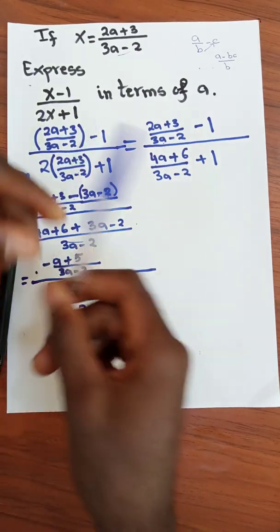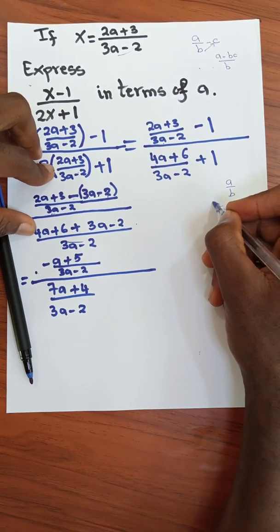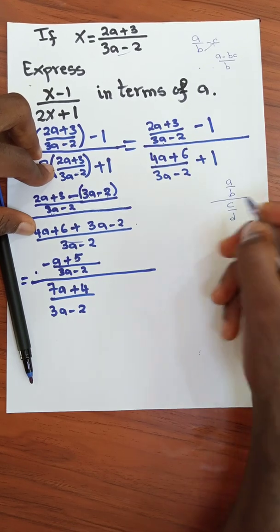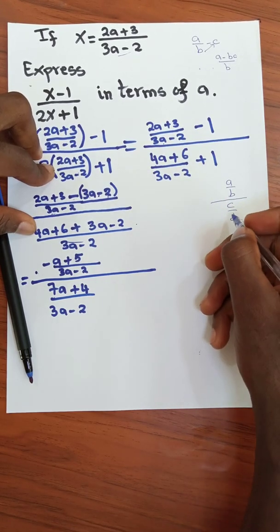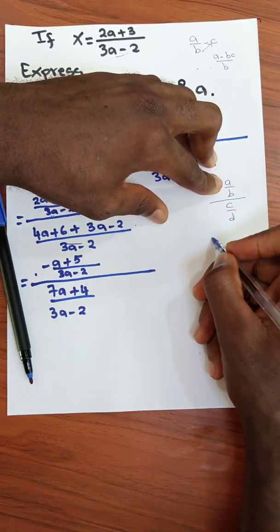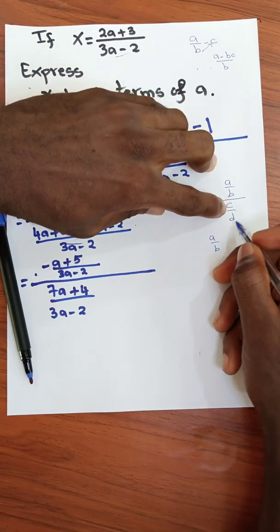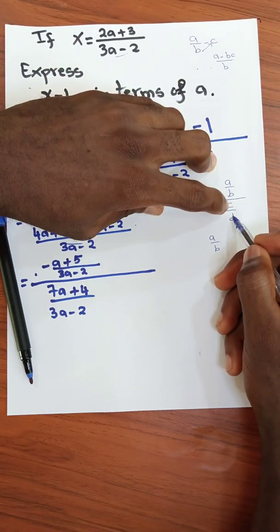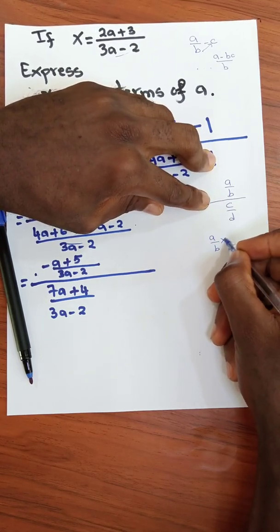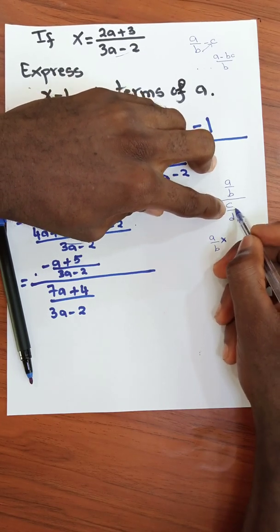Remember, when you have a over b all divided by c over d, this is the same as we maintain a over b, then we reverse the division sign by saying multiplication, multiply by the reciprocal of the denominator.